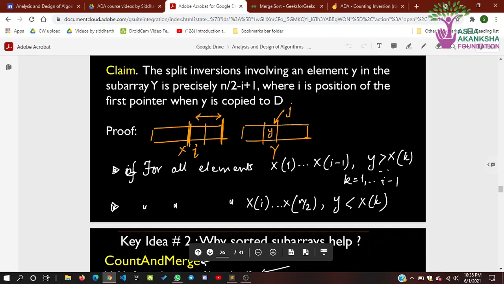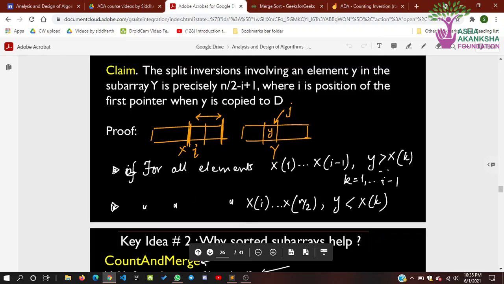Why this formula? What is the size of this array? This is n/2. That is, n/2 is this element's index, which is the last element of the X array. We subtract i from that and we add plus 1 to it. For the subtraction purposes we just add plus 1, so that all the elements including this one and towards the right to the end of X's subarray get counted.